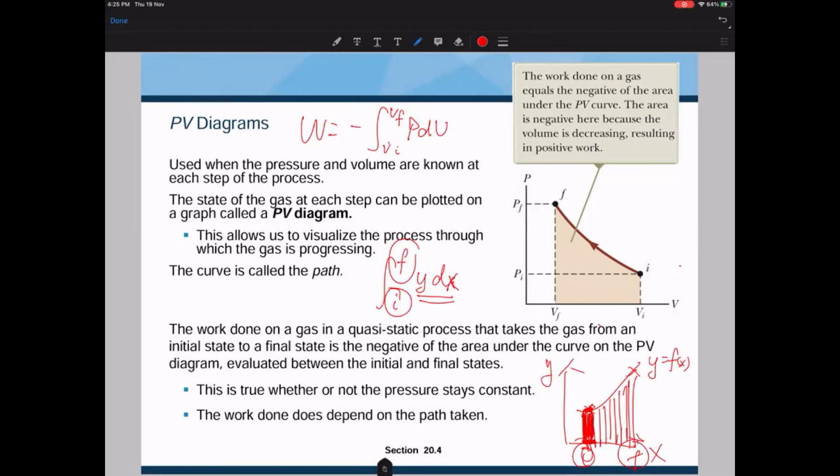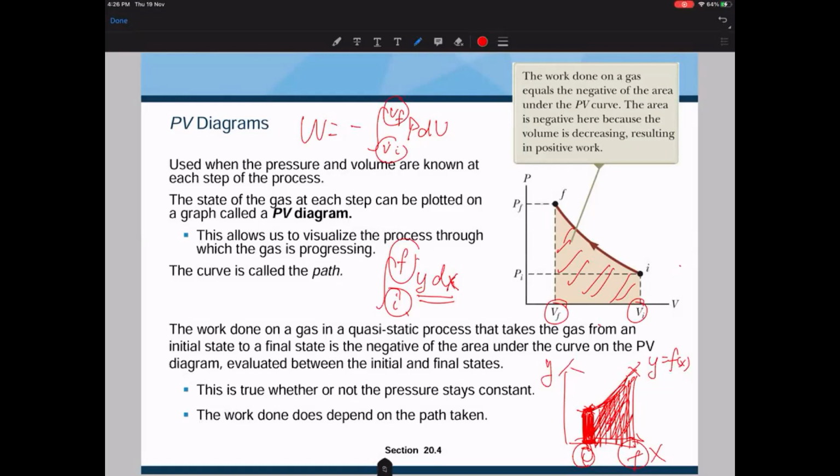Just one thing. It depends on where you start and where you stop. If you start from a small value of i to a large value of f, of course, you have a positive area. On the other hand, if you start from a large value of i and a small value of f, area becomes negative. There is a direction.